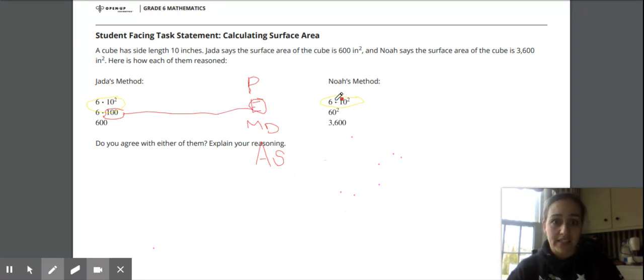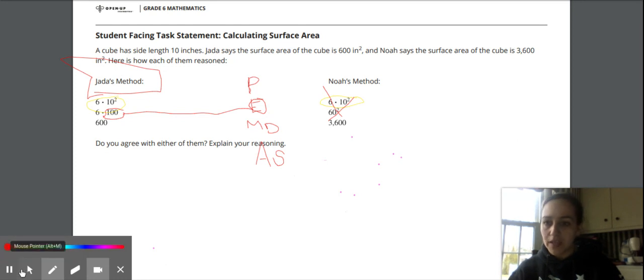Noah accidentally does multiplication next, so he skipped over that exponent step. So Noah's method is incorrect. Therefore, he is not going to get the correct answer. So by Jada first doing the exponents, then going to the multiplication and multiplying 6 times 100 equals 600, we should be agreeing with Jada's method. Woo, that's a funky looking rectangle.